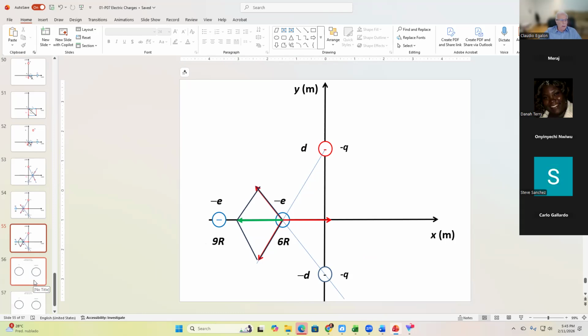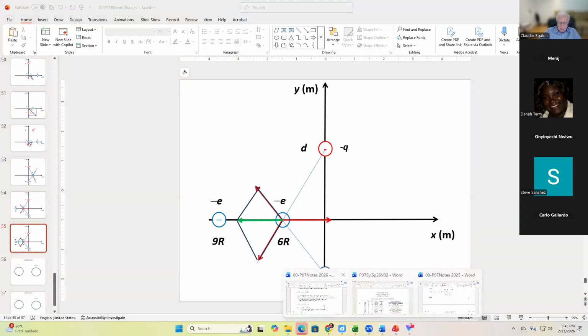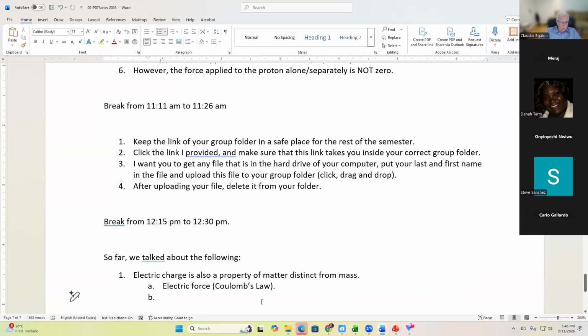Okay, so that's what I want to talk about: forces, right? Let's write that down. Electric force behaves just like any force. It is a vector. Every force is a vector, okay?